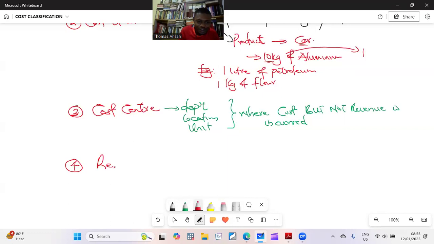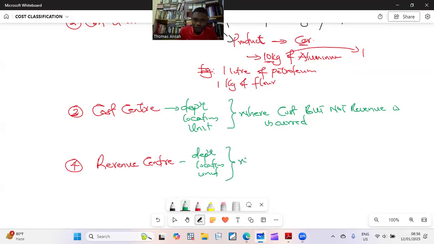All right. So revenue center. For revenue center, it is also a department, a location, all right, a unit. But this one, not only do they incur costs, they also bring in revenue.